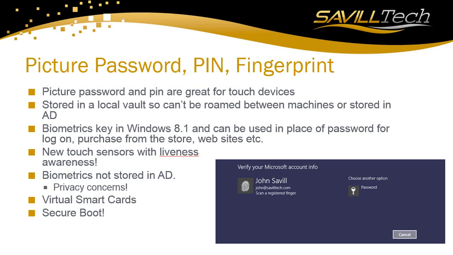So I can't just keep trying to guess what pin it might be. And actually Windows 8.1 enforces its own anti-hammering because TPMs can do things a little bit differently. So to make it uniform, behave the same way, there's some software implementation of the anti-hammering. But I can now do virtual smart cards. So the something I have is actually my tablet. My TPM-enabled tablet becomes my virtual smart card.